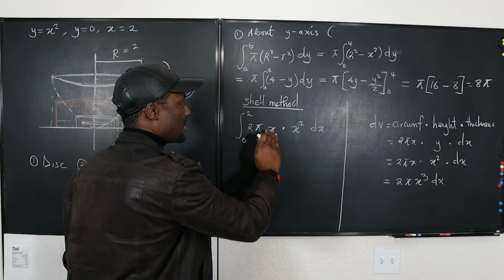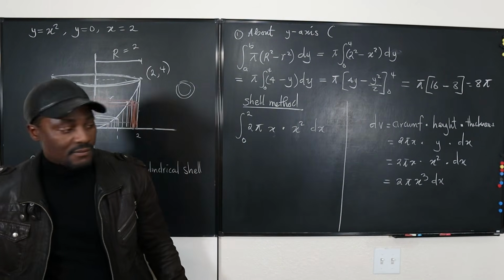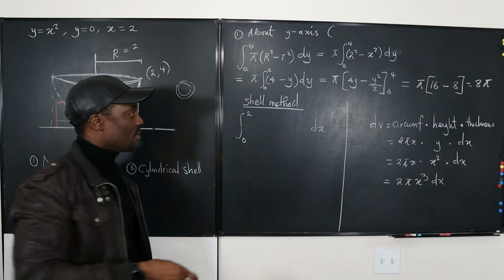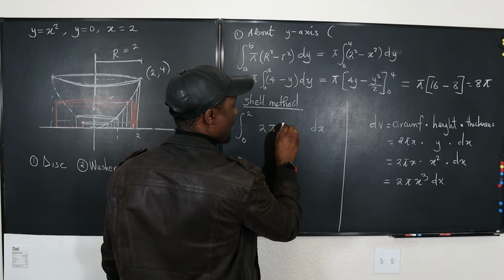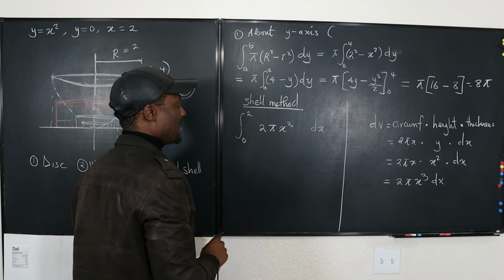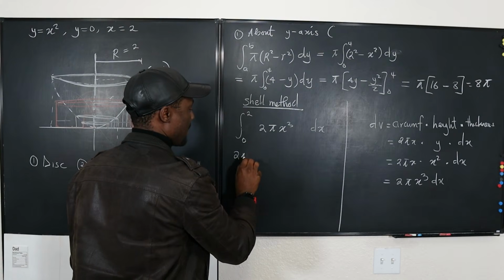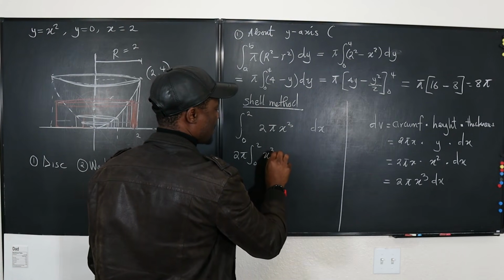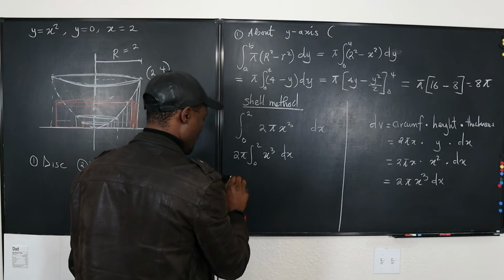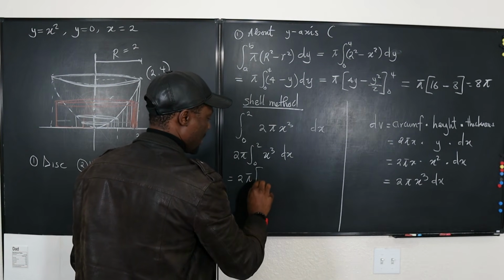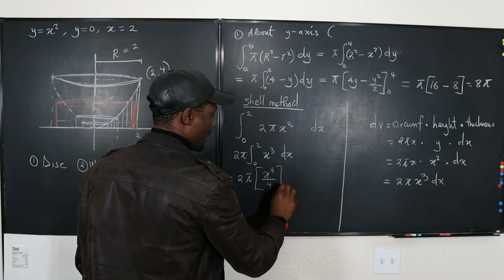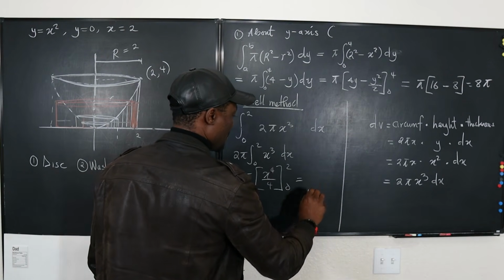So I'm going to clean this up and put the correct thing. So this is going to be 2 pi x cubed. Now let's integrate. This is going to be 2 pi, integral from 0 to 2 of x cubed dx, which is equal to 2 pi times x to the 4th over 4, from 0 to 2.